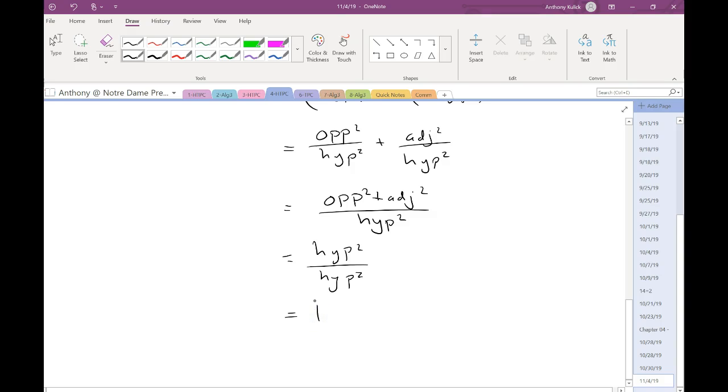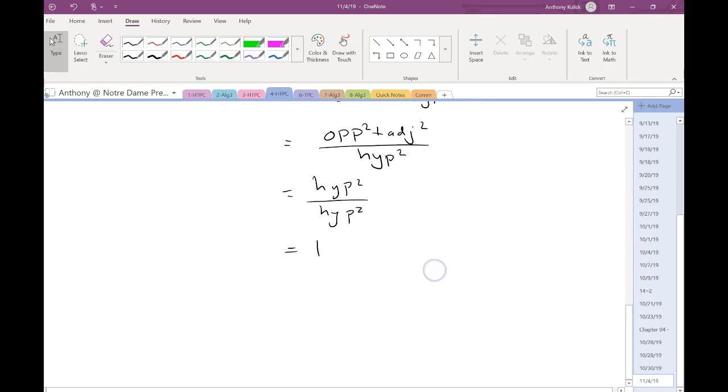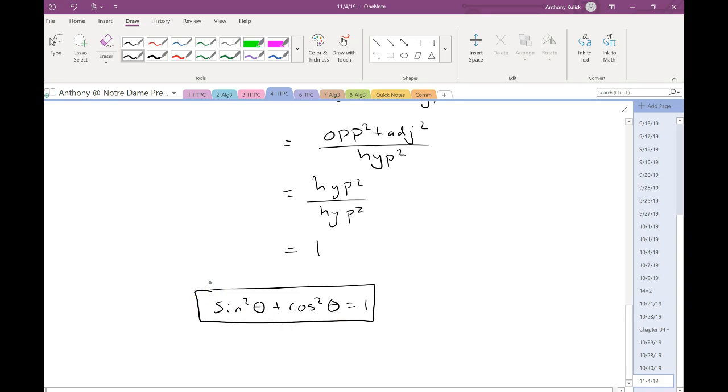And obviously, hypotenuse squared over hypotenuse squared is 1. So I have then the relationship that sine squared theta plus cosine squared theta is 1.